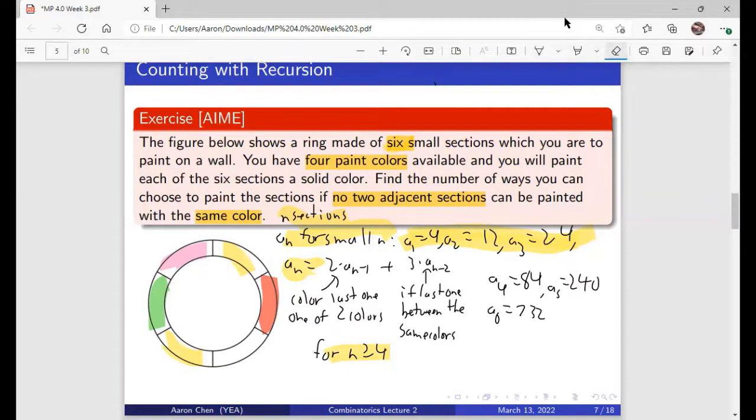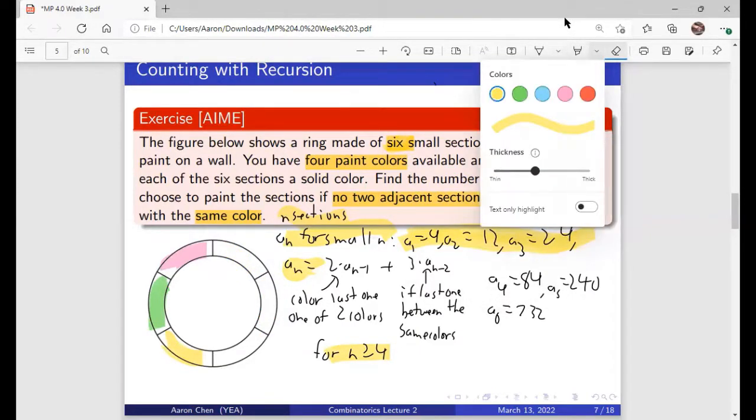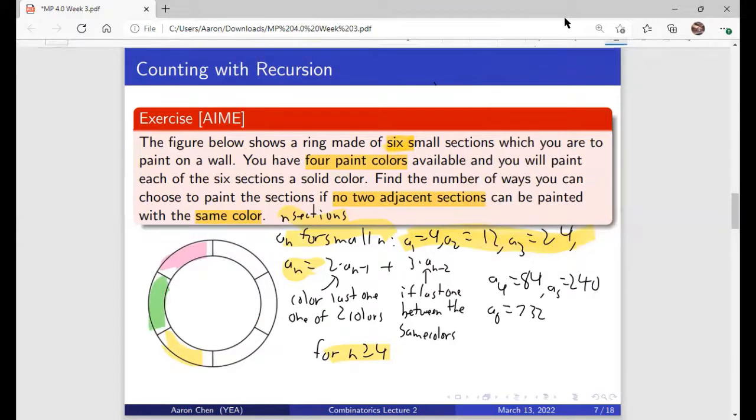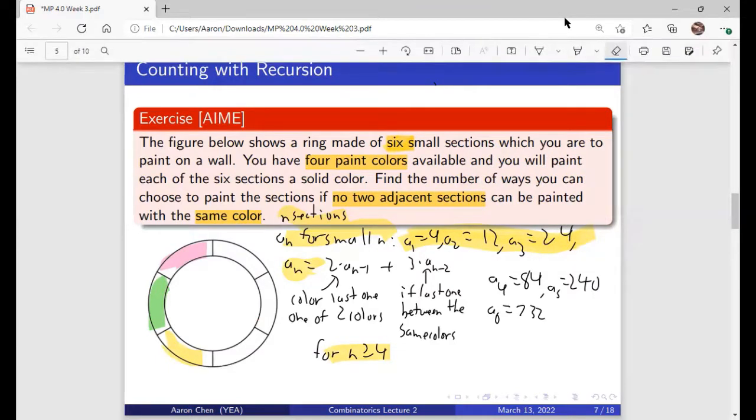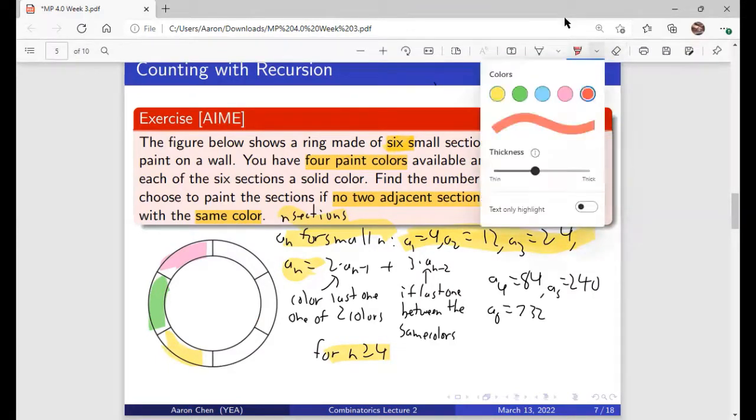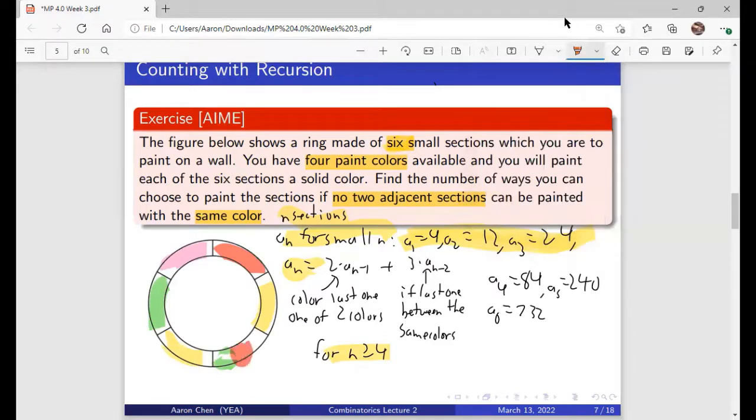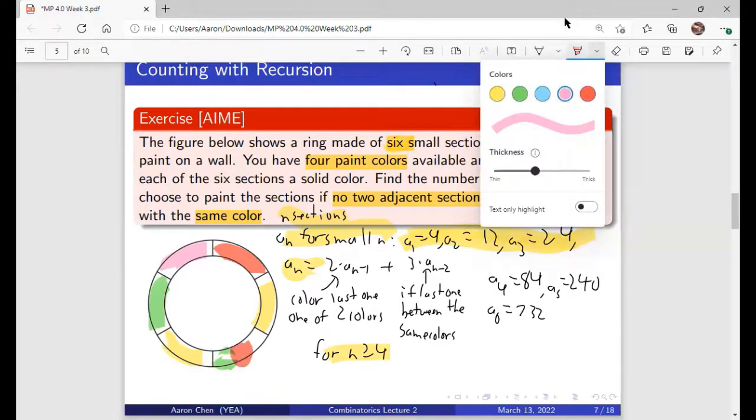But on the other hand, this does not account for the case where it goes like yellow, pink, yellow, green, pink, red, yellow, and something else. And here it can be green, red, or pink.